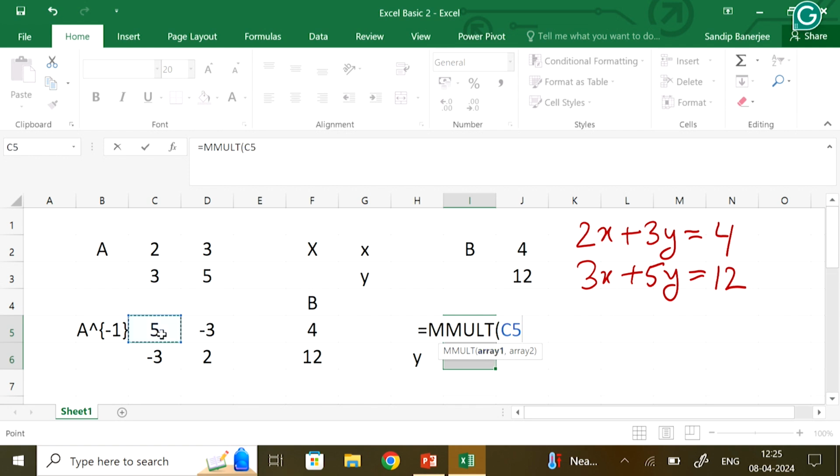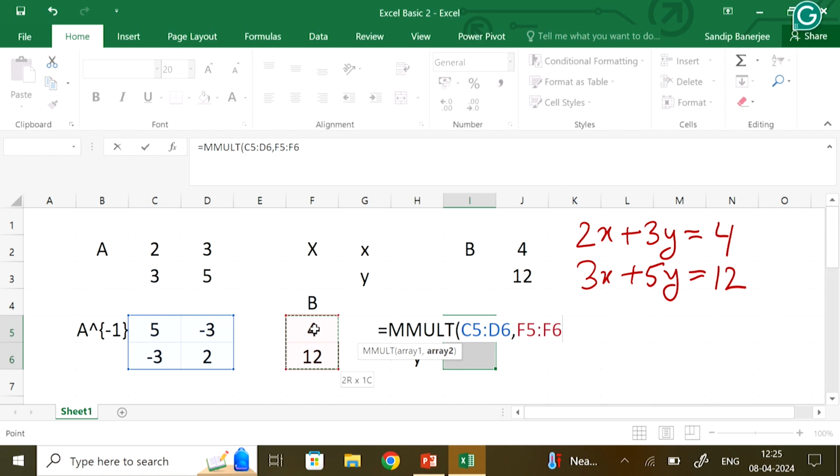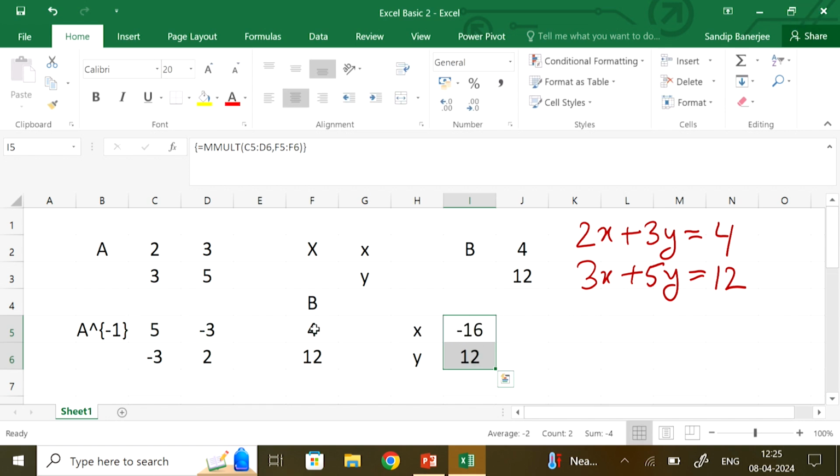So, you choose this array, press shift and highlight all this. One of the matrices has been chosen, we call it array. You give a comma and then again come to the second matrix, choose it and then close it. Again, if you want the output, you have to press Control, Shift and then press Enter, and you get your answer to be minus 16 and 12.